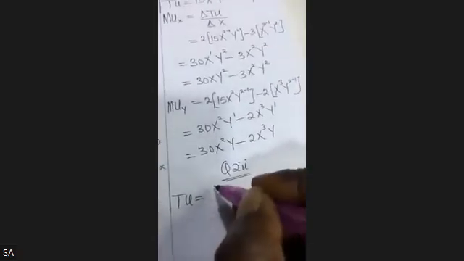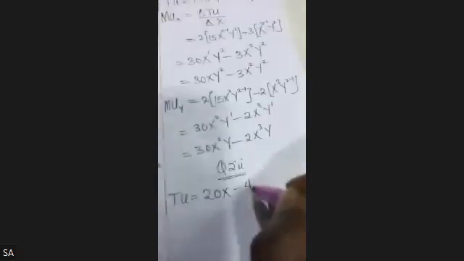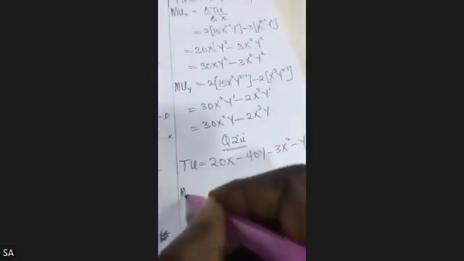Okay, we have total utility is 20x minus 40y minus 3x squared minus y squared. Okay. So now let's go there. I'm doing marginal utility of x.